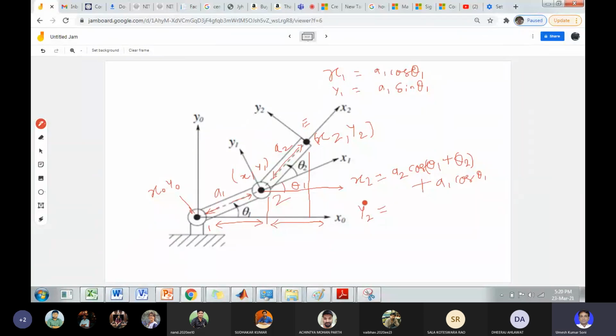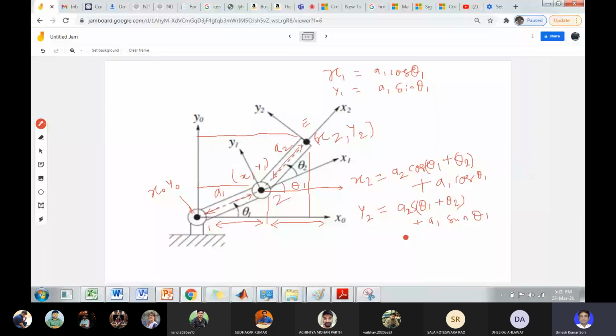Okay, similarly y2 equal to what will be the y2, the projection of this coordinate to the y-axis and projection of this coordinate to the y-axis. So a1 sin theta 1 plus a2 sin theta 1 plus theta 2. a2 sin of theta 1 plus theta 2 plus a1 sin of theta 1.